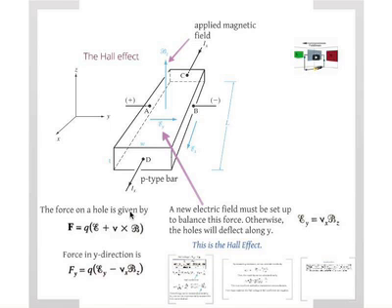Okay. Now, of course, this is a vector product, so let's think about that carefully. You have a velocity of the hole, which means it's going in that direction. You have a magnetic field pointing up. The force is V cross B. Okay, it's a vector product. Now, to do vector calculus, you should go back and review it, but the simple rule is to use the right-hand thumb rule, right?